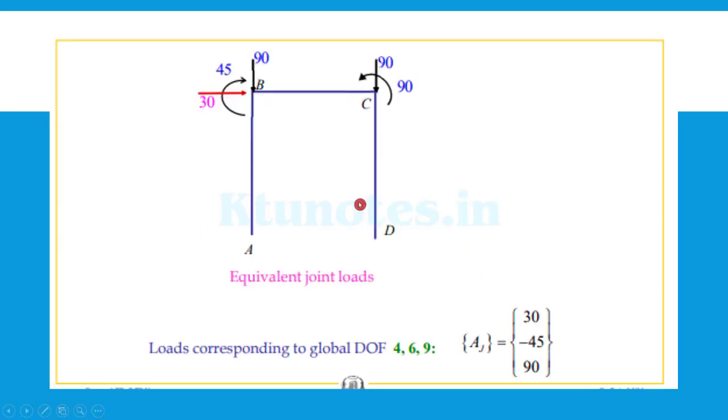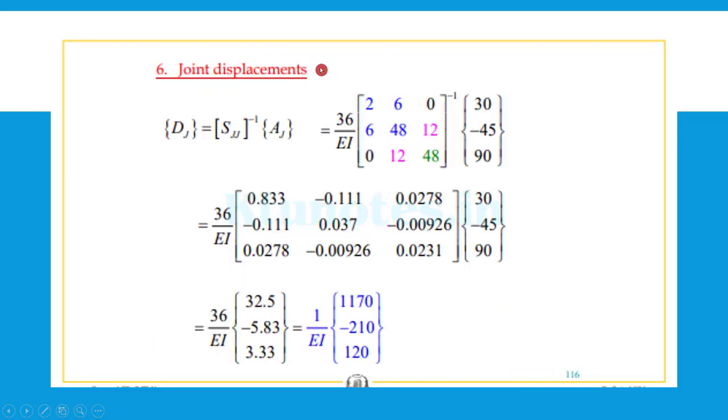Then the equivalent joint load is also written there, combining with the real action loads. So the load corresponding to 4, 6 and 9 will be 30 for the horizontal one, 45 will be clockwise so negative, and 90 will be anti-clockwise so positive.